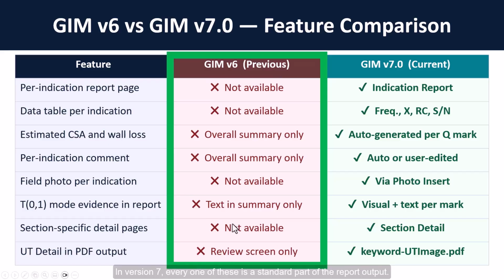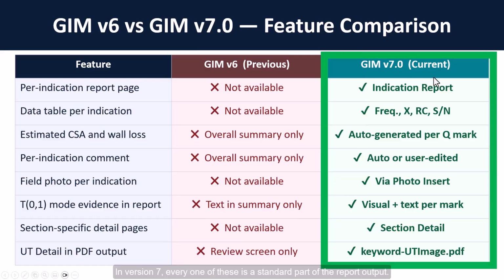In version 7, every one of these is a standard part of the report output. The client and the level 3 reviewer receive all of these in the UT image PDF file alongside the standard summary report. This is a concrete and measurable upgrade in the reporting capability.